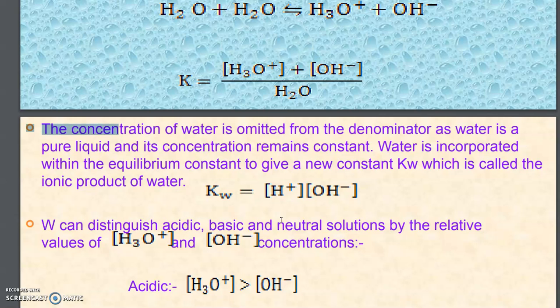Water is incorporated within the equilibrium constant to give a new constant Kw, which is called the ionic product of water. This Kw is known as the ionic product of water because it is the equilibrium constant of water. So what is the ionic product of water? It is the product of the concentration of H plus ion and OH minus ion.